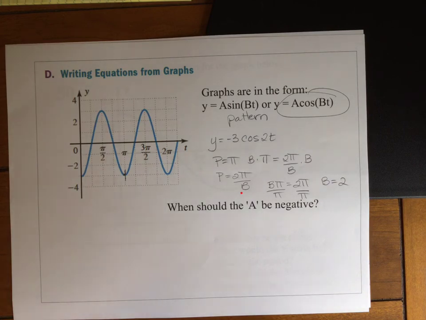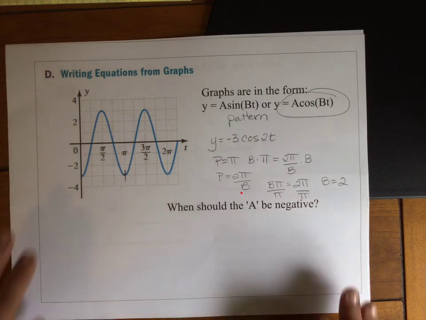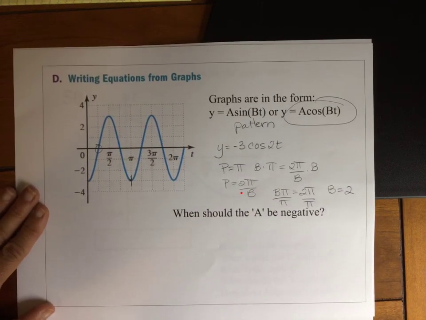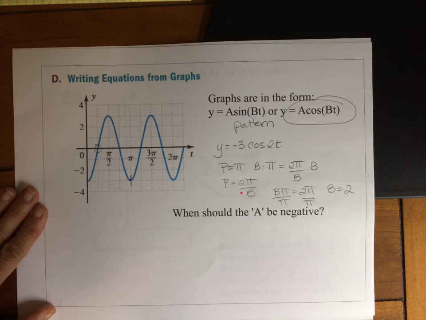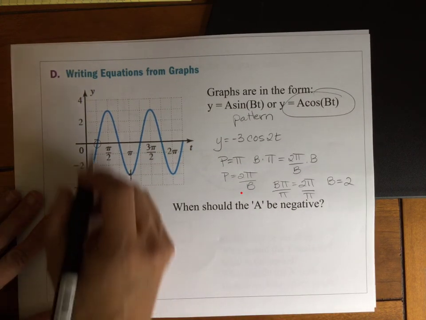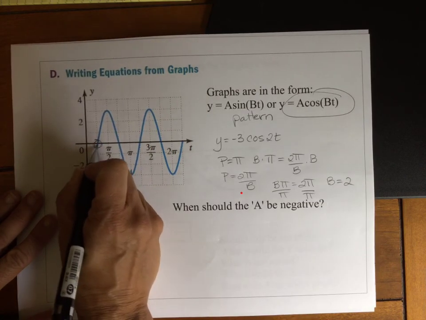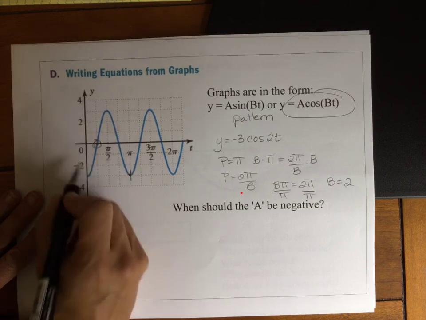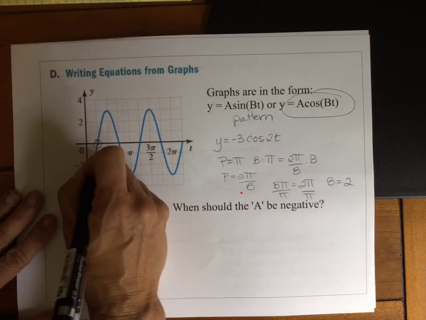Now the really challenging part is that I can also write a sine graph based on this. I would write a sine graph by starting where the sine starts, and I'd have to put a shift in. That is something that was really important in pre-calc that you're just not going to get here, but I'm going to show you really quickly what that might look like. You can see that the sine pattern starts here at the 0, and between 0 and pi over 2 must be pi over 4.